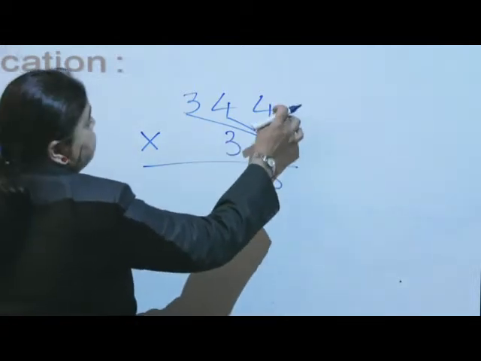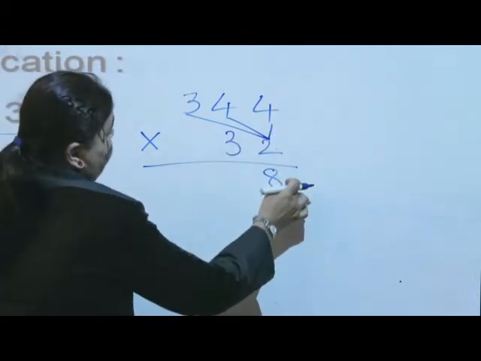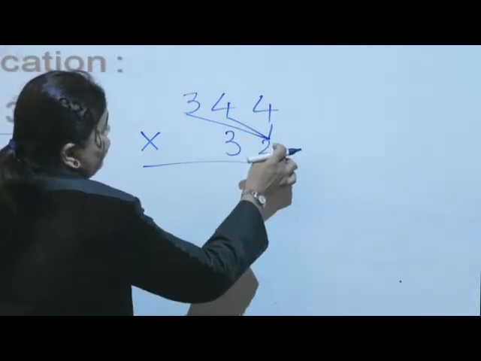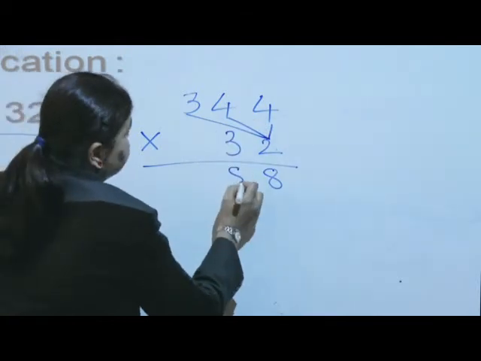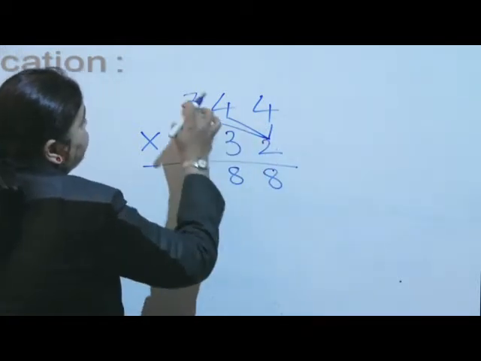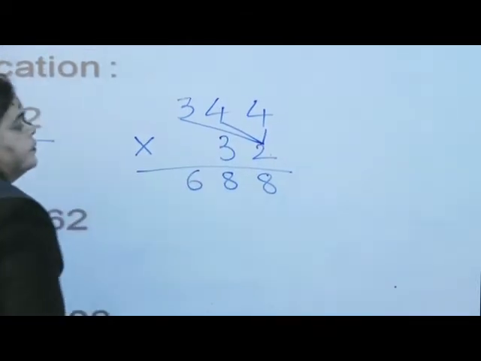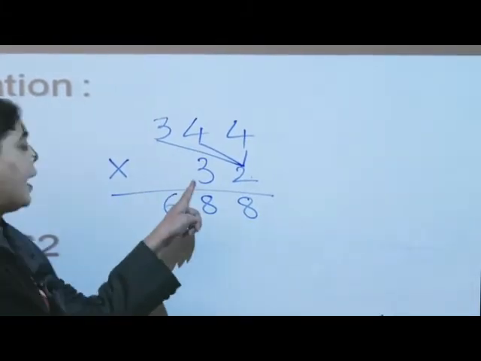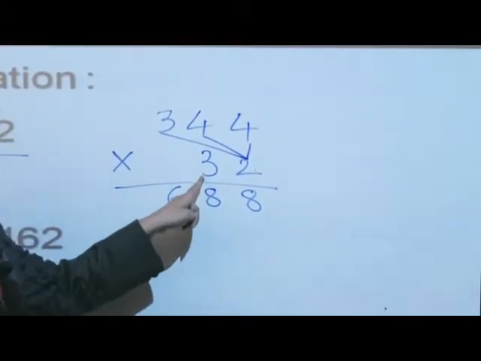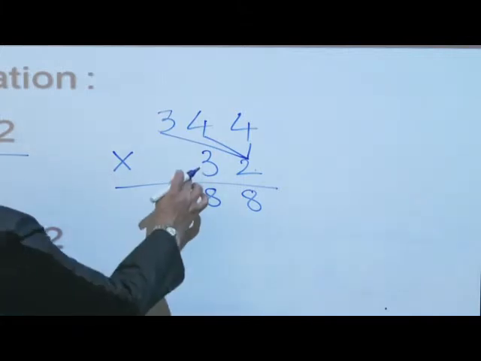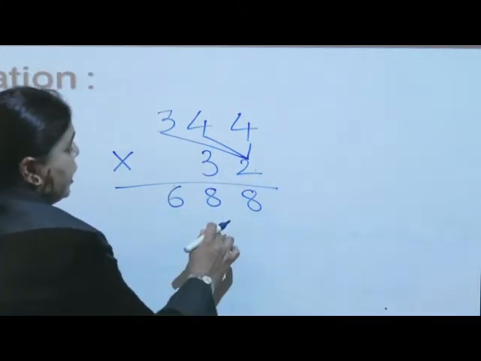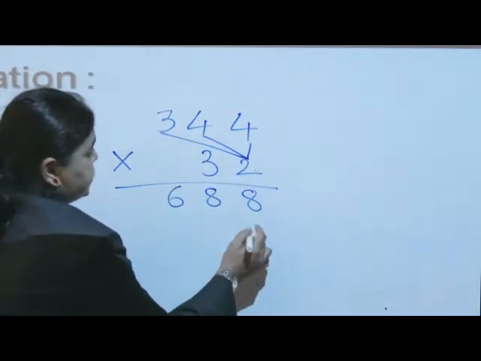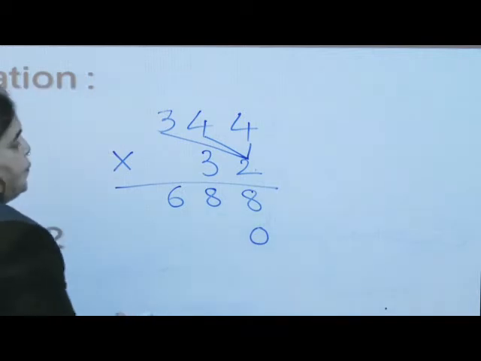So I have done the ones, 4 twos or 2 fours are both the same, so I will write 8, 3 twos are 6. Is my answer over? No, because I have a second number here, in the tens place. When it is in the tens place, I have to start with the tens place. So I will write here 0.